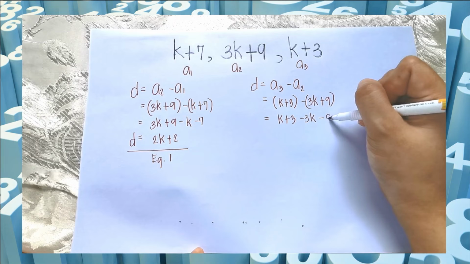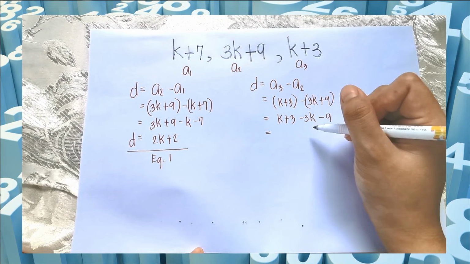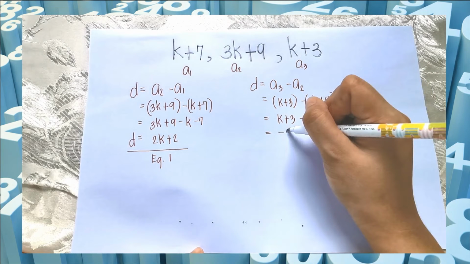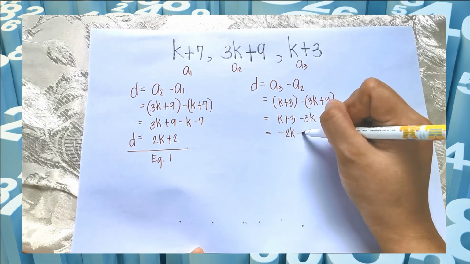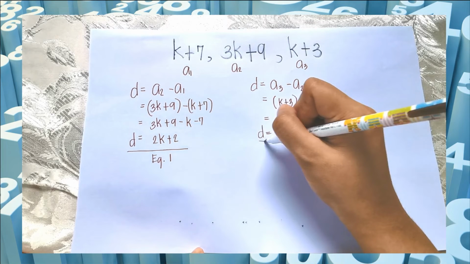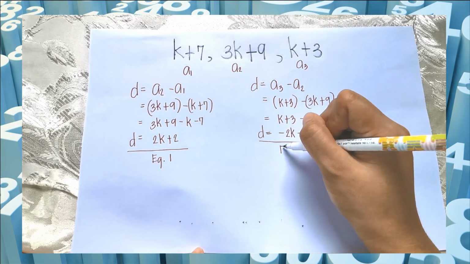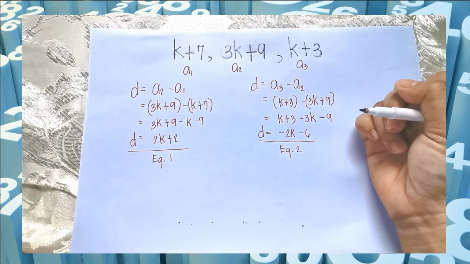Combining like terms, we have k minus 3k equals negative 2k. Then, 3 minus 9 equals negative 6. Then, we have negative 2k minus 6. And note this as equation 2.